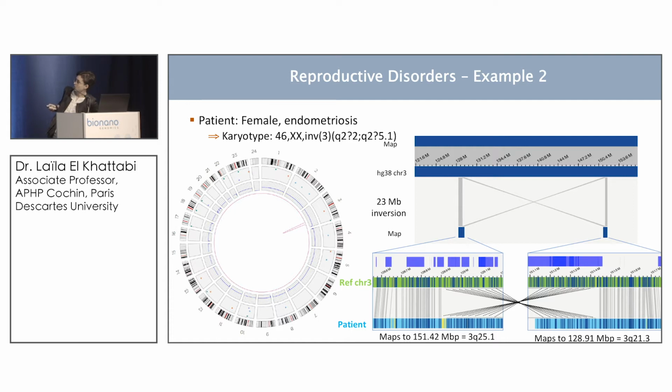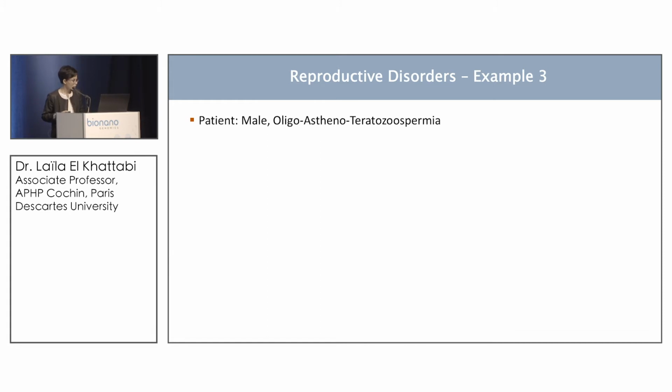So you get exactly your breakpoints right here and here. These breakpoints match what we thought were the breakpoints based on the karyotype, and it also allowed us to correct our breakpoint location.